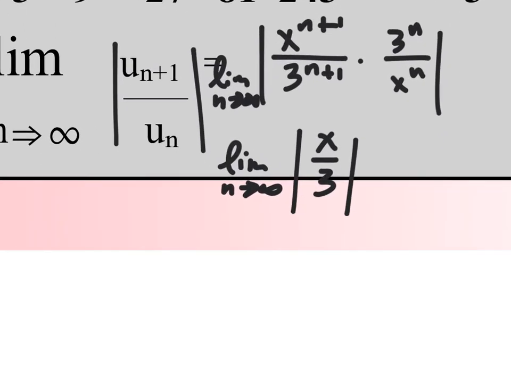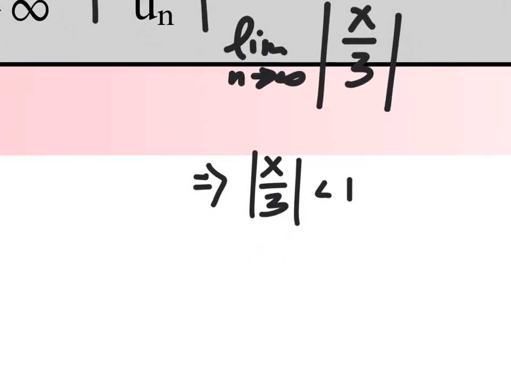There's no n present. Therefore, what this would evaluate to is x over 3, which we want to be less than 1. So here our radius is not 1. Our radius, if I get a coefficient of 1 on x, is going to be 3.